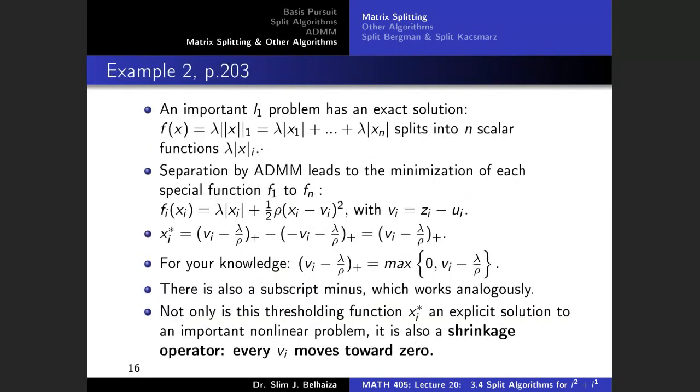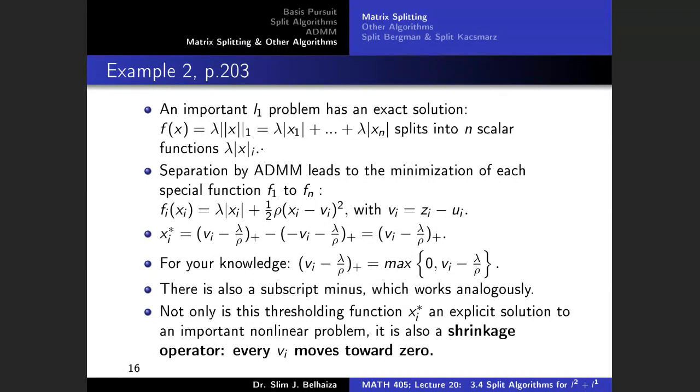So here I'll give an example. Example 2, page 203, says that an important L1 problem has the exact solution where f of x is equal to lambda times the L1 norm of x. So lambda is multiplied by just the absolute values of the x's, which splits into n scalar functions, lambda times the absolute value of xi.